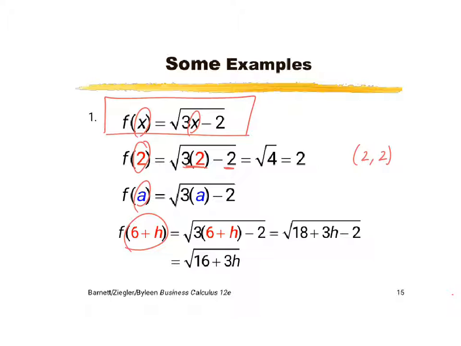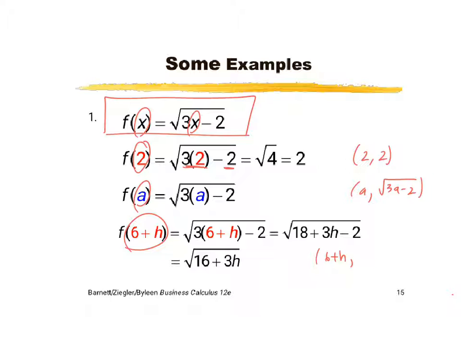Okay. Next we have a. When x is equal to a, when I plug that into my equation here in the box, I'm going to replace x with a. And so I have the square root of 3a minus 2. So my corresponding y value when x is equal to a is going to be the expression, the square root of 3a minus 2. Okay. And then for the last part here, I have 6 plus h.